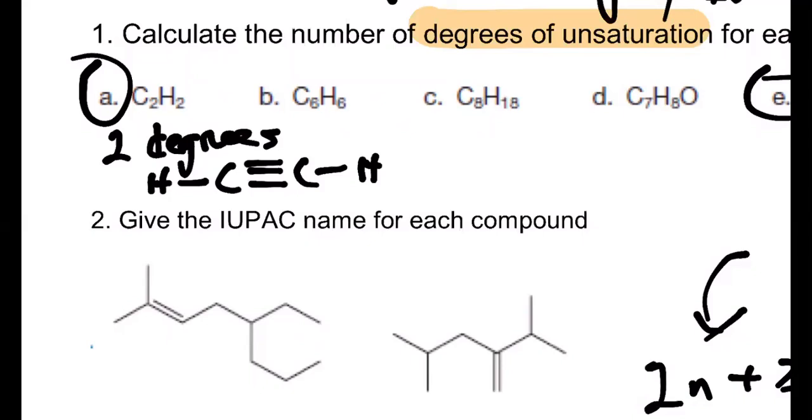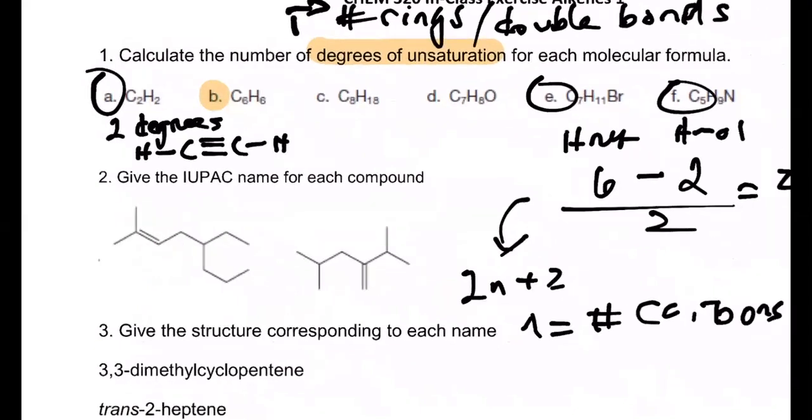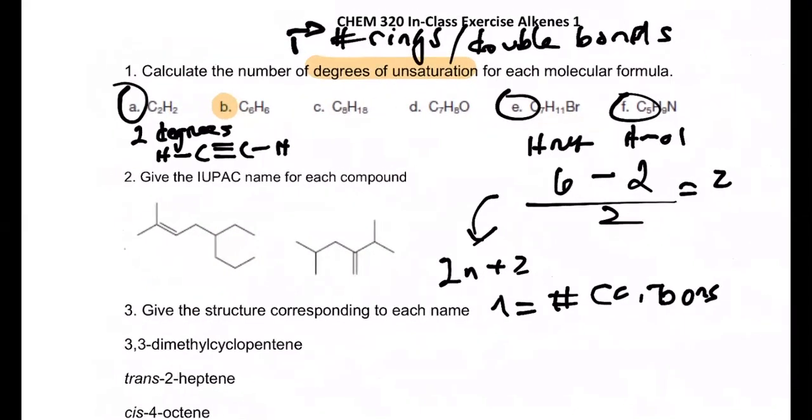All right, let's look at B. I want to do B also. B is C6H6. So what is H ref for B? C6H14. So N is the number of carbons, so that's going to be 6. H ref is going to be 14. That's right.